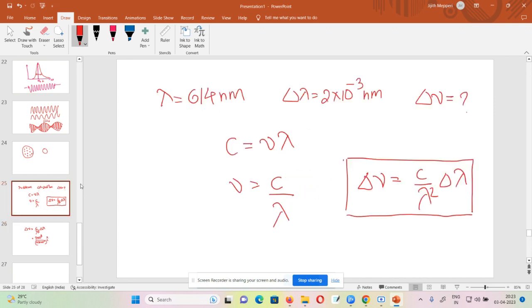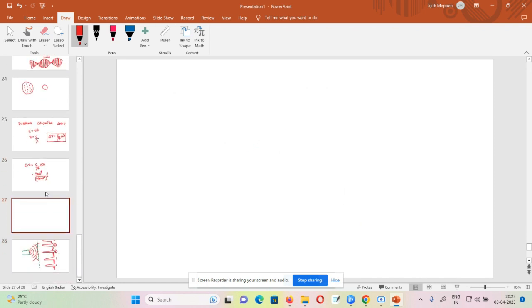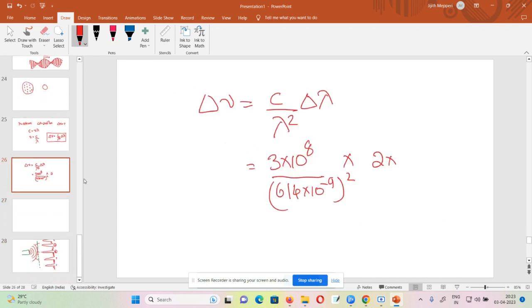Delta lambda is equal to 2 into 10 raised to minus 3 nanometer, that is 2 into 10 raised to minus 3 into 10 raised to minus 9. Now do the calculation. You will get 3 into 2 into 10 raised to 8 times 10 raised to minus 12, which is 10 raised to minus 4.